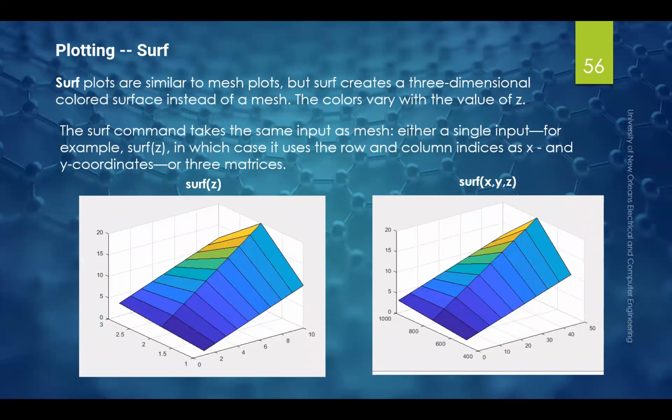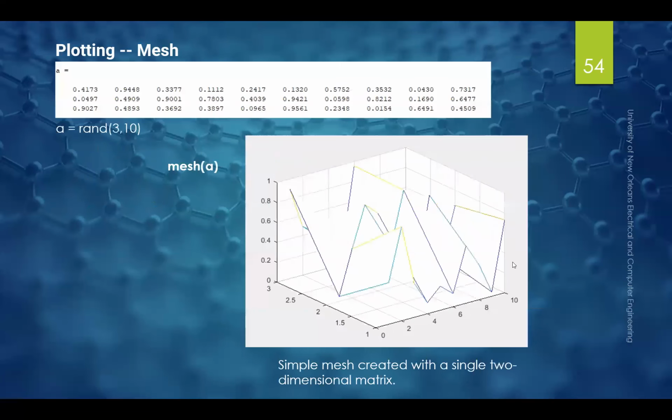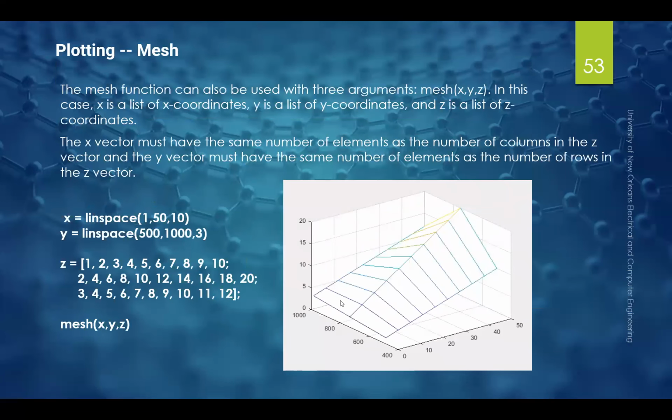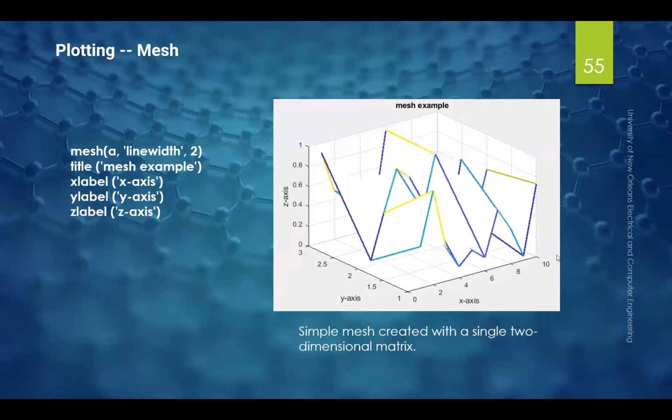The surf plot, which is the other one that is very useful, is similar to the mesh plot, but the surf creates a 3-dimensional color surface instead of a mesh, right? A mesh, like the name describes, is just a mesh, right? It's like a metal fence, of the different elements. Surf basically does the same thing, but it's just going to put colors on each of the surfaces.